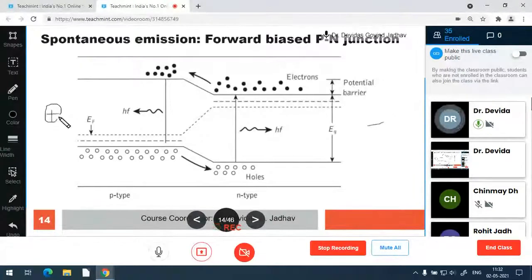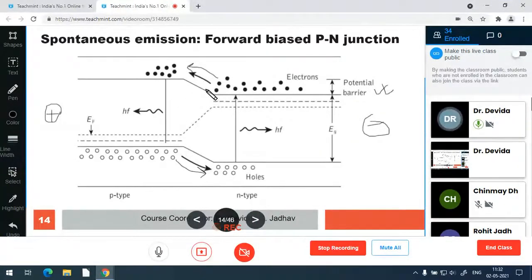Suppose P-type is connected to the positive of the battery and N-type to the negative. In that case the potential barrier reduces or completely vanishes, and the charged particles on one side get sufficient energy to cross the potential barrier and go into the other region.